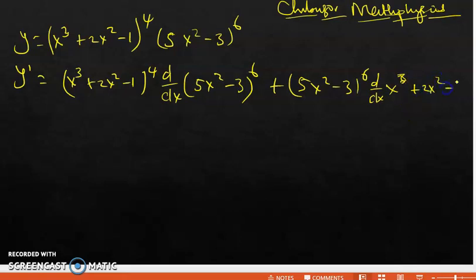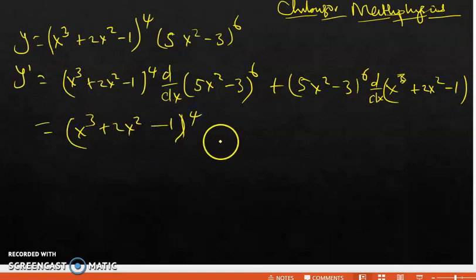So this will be x cubed plus 2x squared minus 1, power 4.